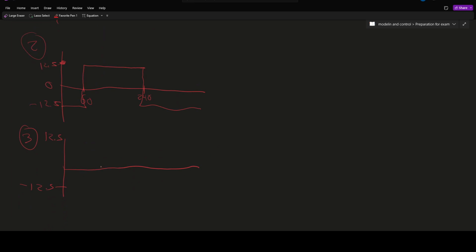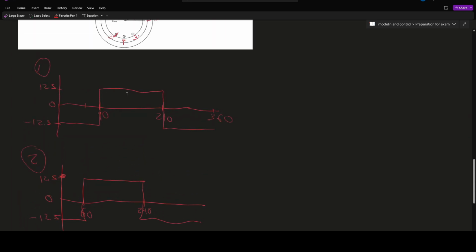So we are going to have 120 here, and we know that this space is negative. Then we have 180 degrees positive, that's going to be until 300, and then it's just going to repeat itself. Okay.